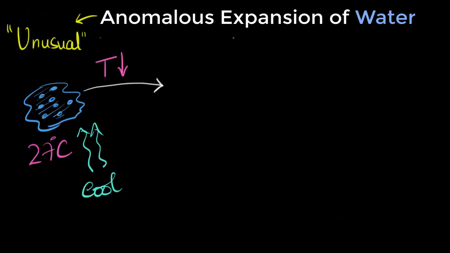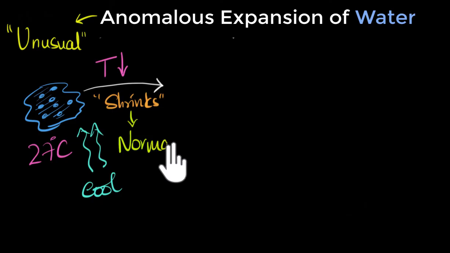So water contracts or shrinks. Now, there's nothing unusual about this. This is normal behavior. When you heat things, they expand, and when you cool them, they contract. But this normal behavior only continues until you hit 4 degrees Celsius.